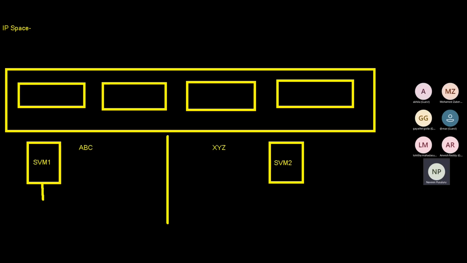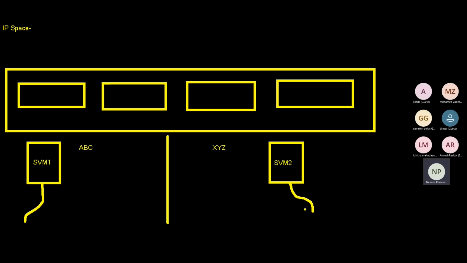I'm creating volumes and qtrees and presenting them via SVM1 for my ABC client servers, and presenting storage via SVM2 for my XYZ client requests. So far, on the storage level, I'm segregating everything, no problem.